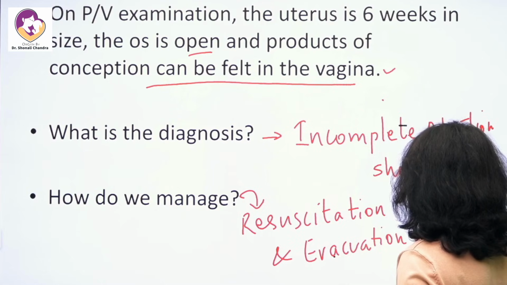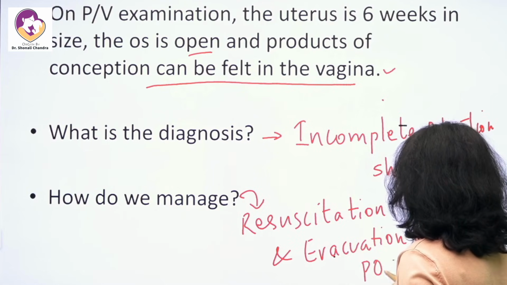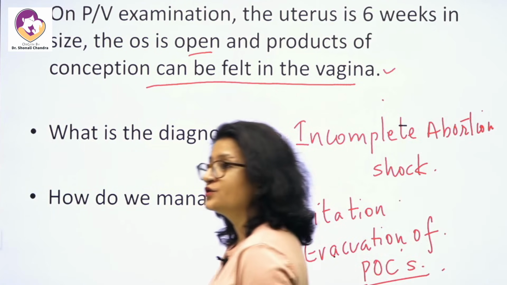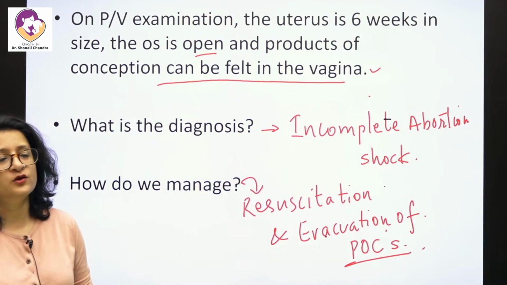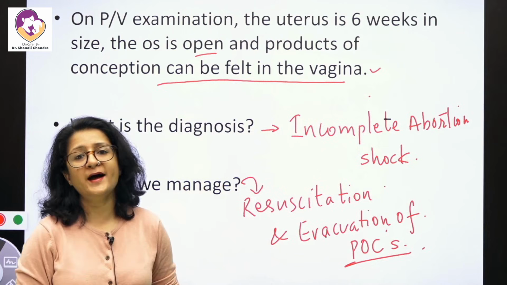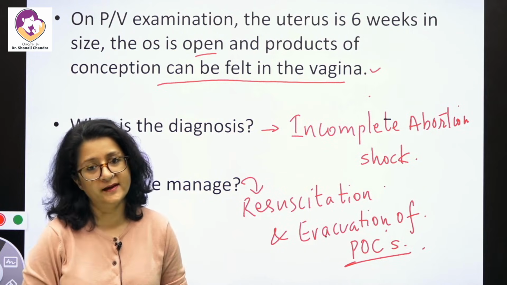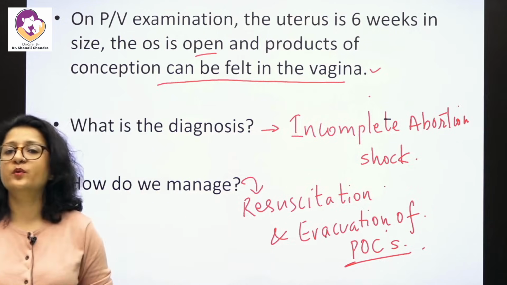Resuscitation and evacuation of the products of conception. So the moment you empty her uterus, it is going to contract, and that is what is going to stop the bleeding. So that is what is important.